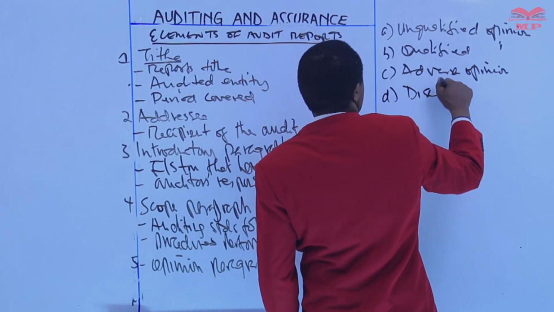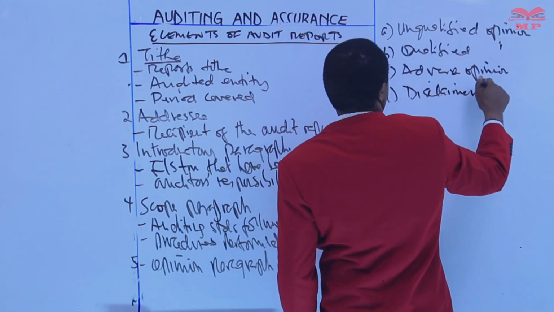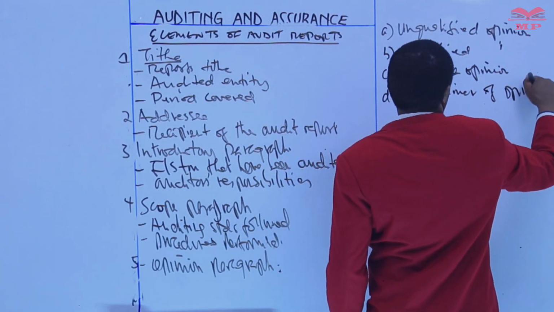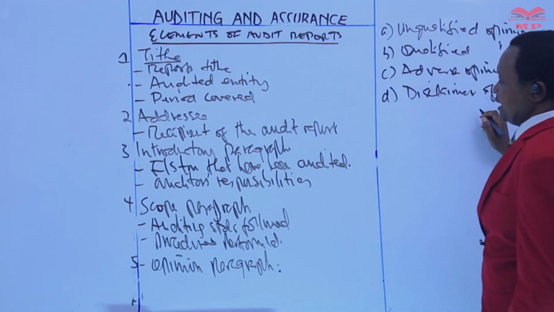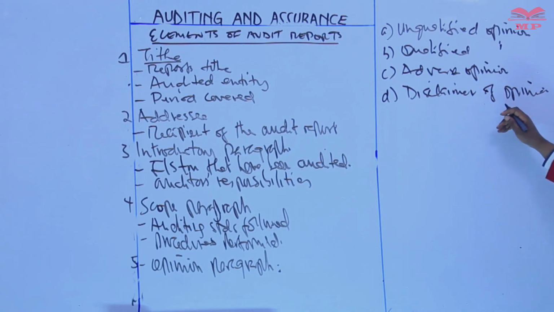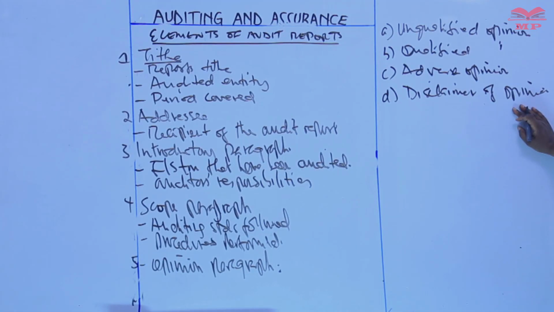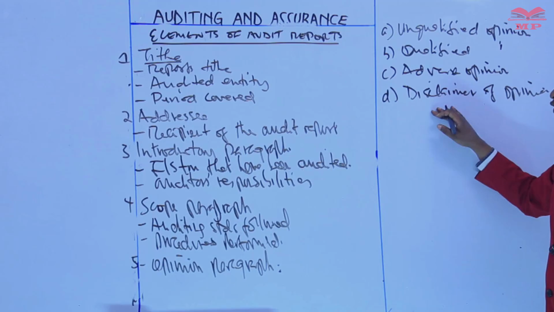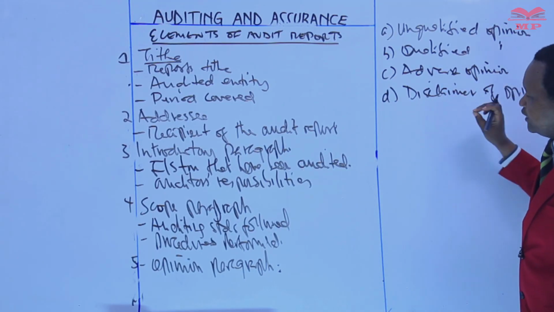Now, disclaimer of opinion, the auditor is unable to form an opinion on the financial statements due to significant limitations in the scope of the audit. Here, the auditor is not in a position to give any opinion.